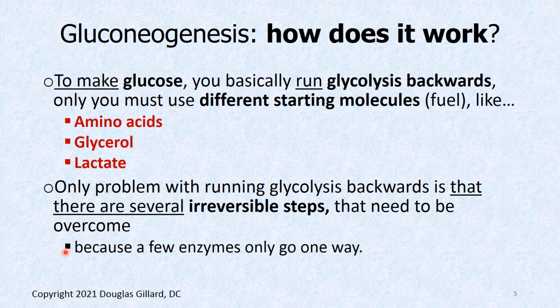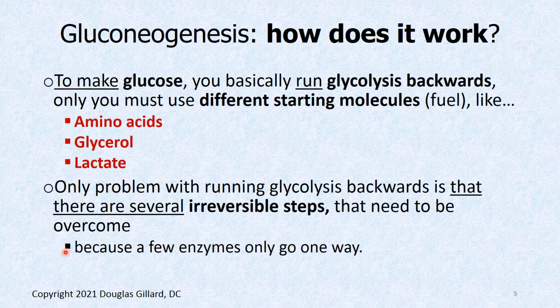How does it work? Well, you need fuel for it. To make glucose, we all learned glycolysis, right? That's probably the first thing you ever learned, and then you kind of semi-learned the Krebs cycle. But it's basically running glycolysis backwards with a few caveats, because there's a couple of enzymes that don't go both ways.